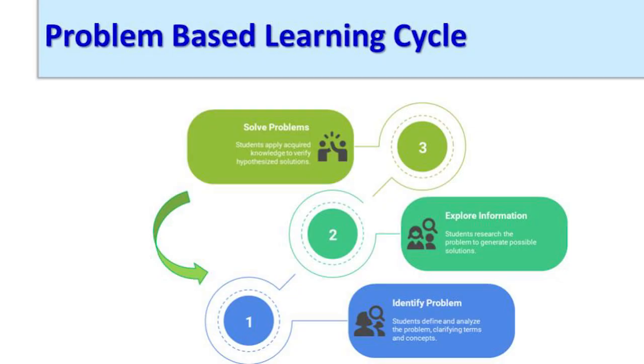In the step Identify the problem, students are involved in the problem definition, clarifying all the unclear terms and concepts, and then in the analysis of the problem. In the second step, Explore information, they conduct research on that problem in order to generate possible solutions.